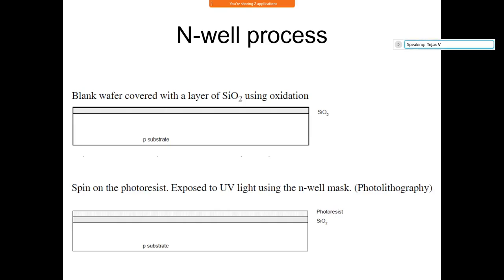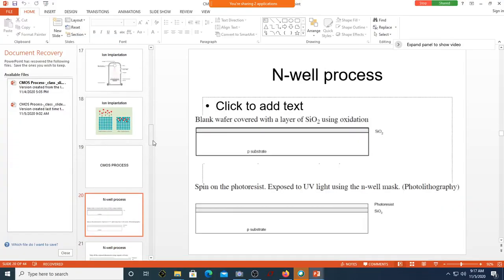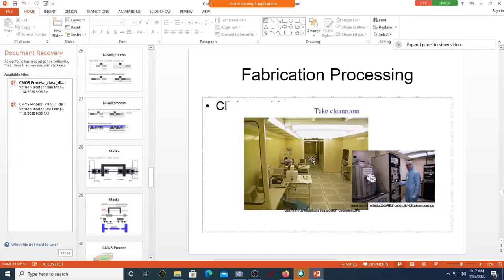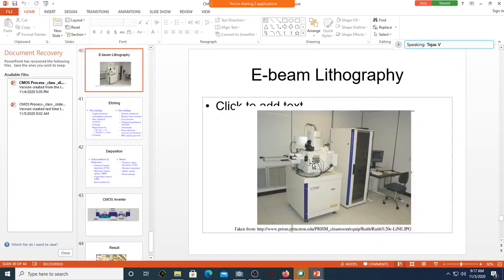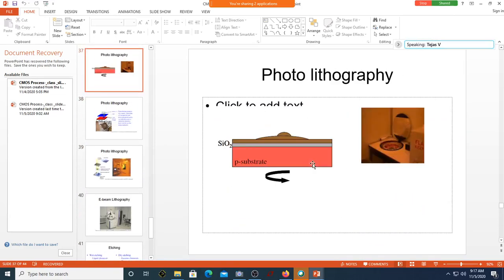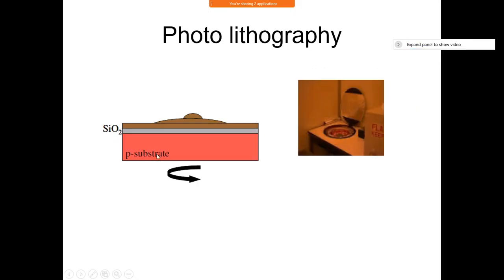Spin on photoresist means, let me just show you something. Okay, this is what happens. See here, this is your substrate, correct?